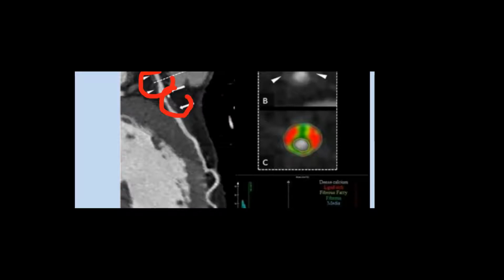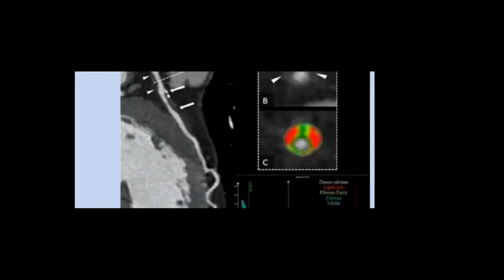Okay. If you do invasive angio for this patient, you might not find any significant obstruction. But there is a huge amount of atheroma here. Why this difference between invasive angio and CT? Yes, more concentric or outward.